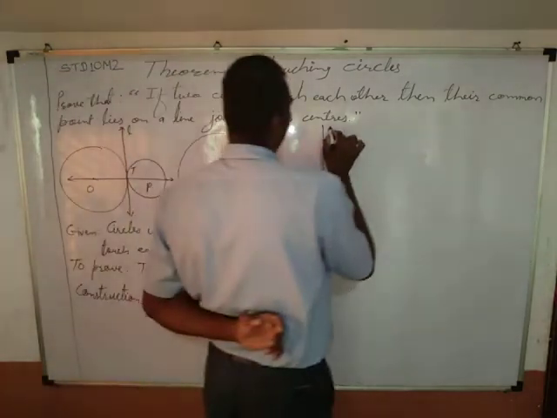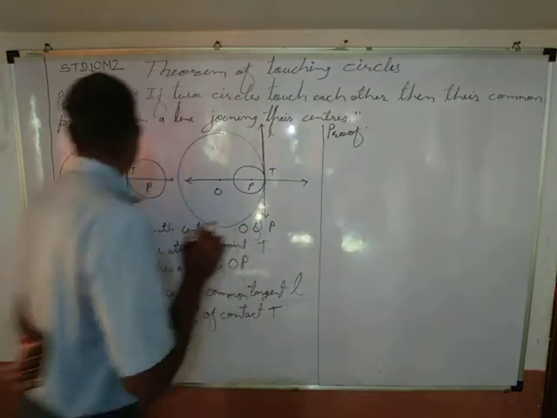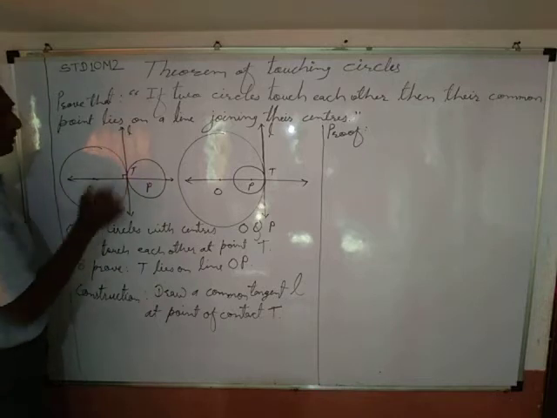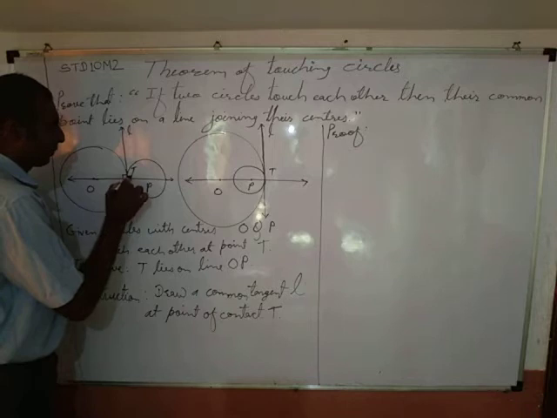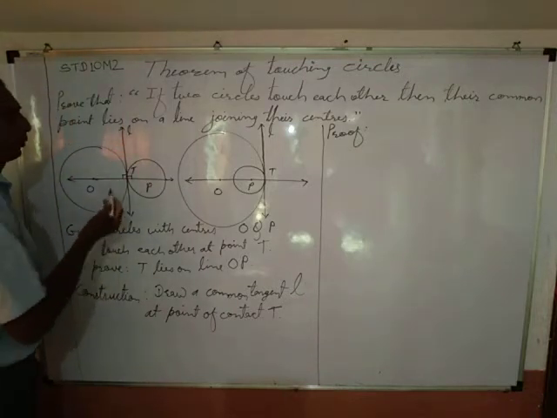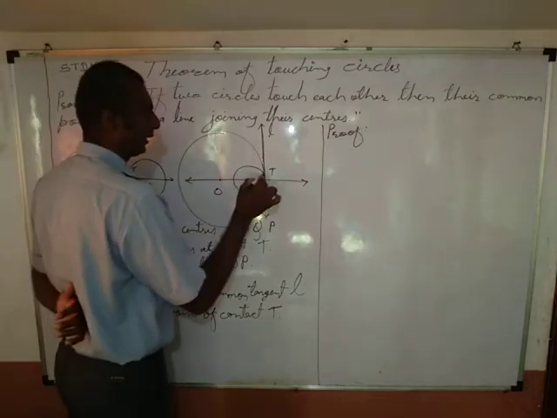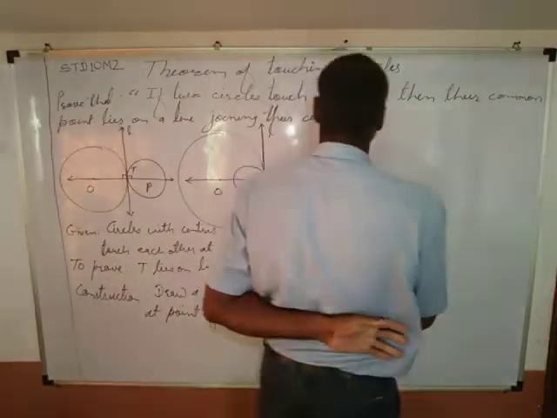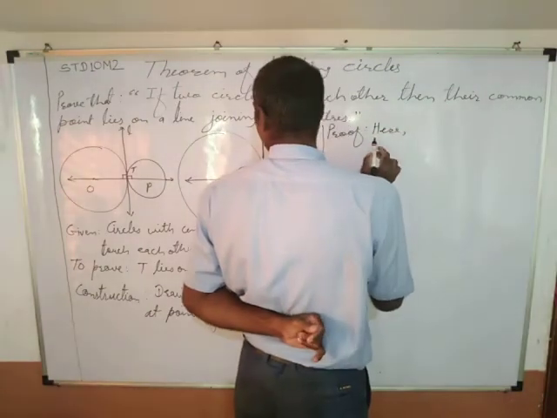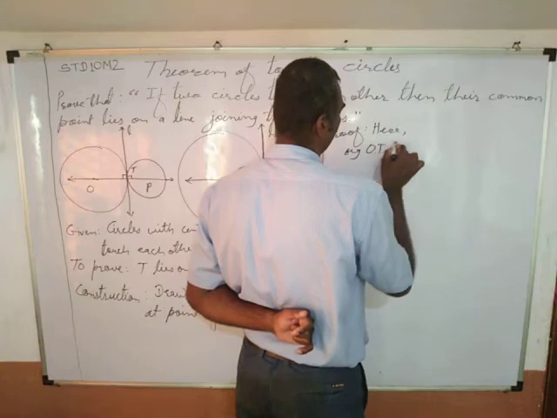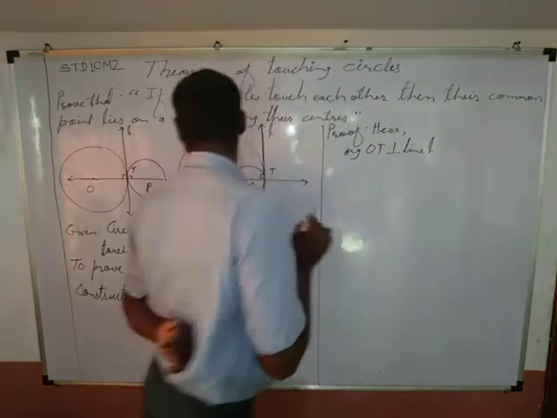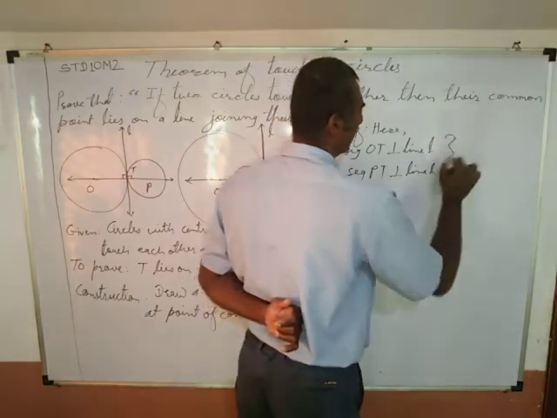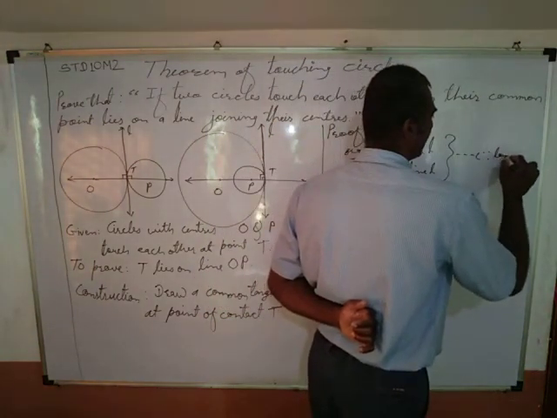Let's mention a proof. Here seg OT is a radius, line L is a tangent, means seg OT is perpendicular to line L. Similarly, seg PT is perpendicular to line L at point T. In this case also, seg OT is perpendicular to line L as well as seg PT is perpendicular to line L. Seg OT is perpendicular to line L, seg PT is also perpendicular to line L, and the reason for this is the tangent theorem.